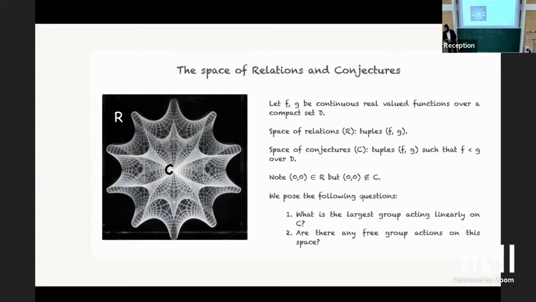So we pose these group theoretical questions because we have put on the physicist hat at this point. What is the largest group acting linearly on C? And are there any free group actions on this space? Why do we want free group actions? Because if we have free group actions, then we can quotient out the space under the free group action.